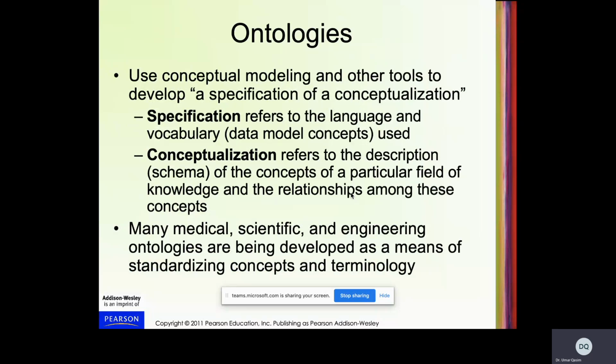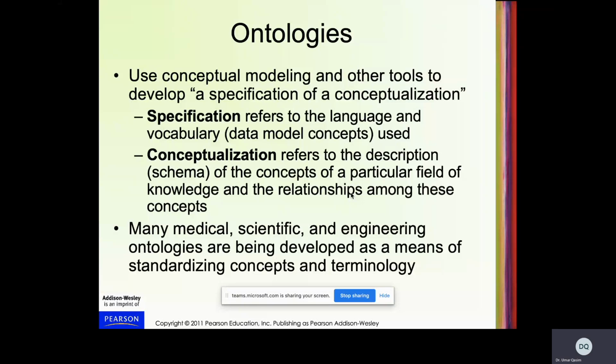In ontologies, basically it's a specification of a conceptualization. Specification refers to the language and vocabulary, the data model concepts used.